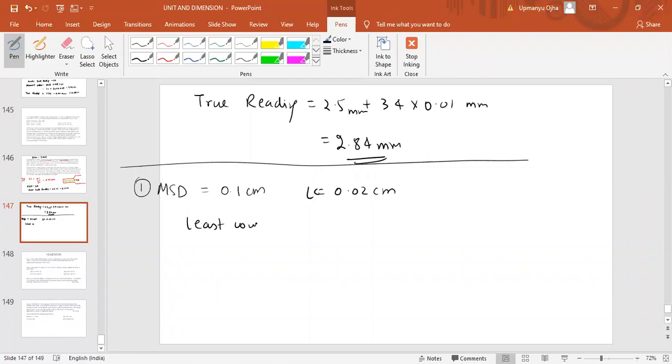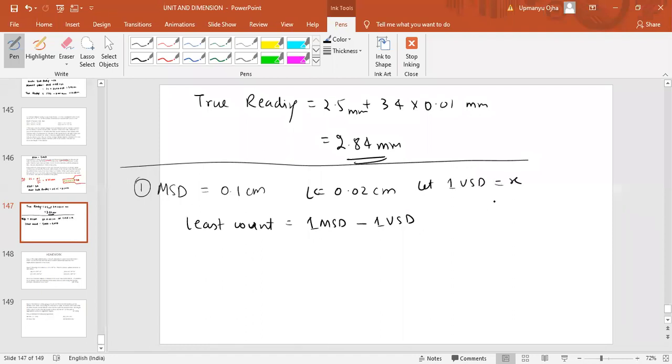Now we know that the least count of a vernier caliper is equal to one main scale division minus one vernier scale division. Is this correct or not? It is correct. So let us suppose that one vernier scale division is equal to x.